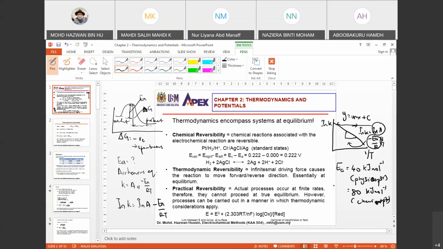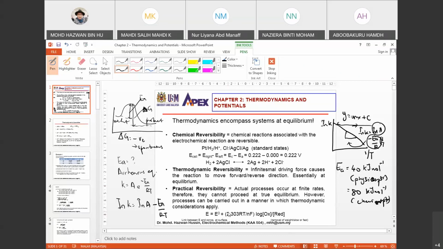Practical reversibility is where the actual processes occur at finite rates, therefore they cannot proceed through equilibrium. However, processes can be carried out in a manner in which thermodynamic considerations can be applied. So this is what you see even before this, the next representation.